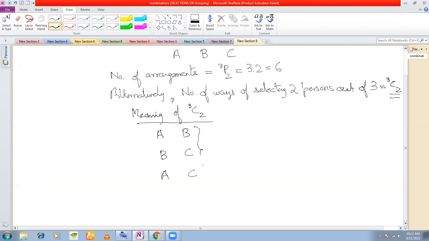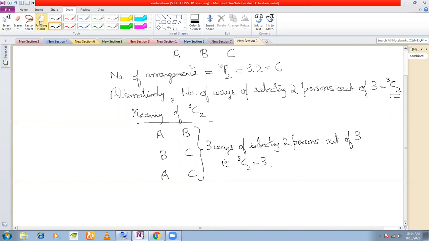So how many ways of selecting 2 persons out of 3? 3 ways. Am I right? Yes, sir. This is what we call 3C2 equal to 3.